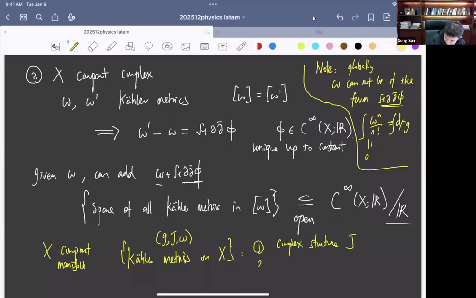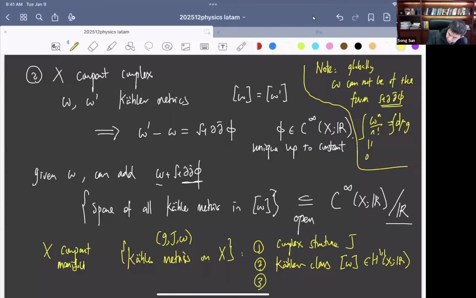J, and then you have to prescribe a Kähler class, which means omega is a cohomology class in H^{1,1}(X, R). It's a class which can admit a Kähler metric. Some classes may not admit any Kähler metric. For example, if you take the negative of this class, then there's no Kähler form.